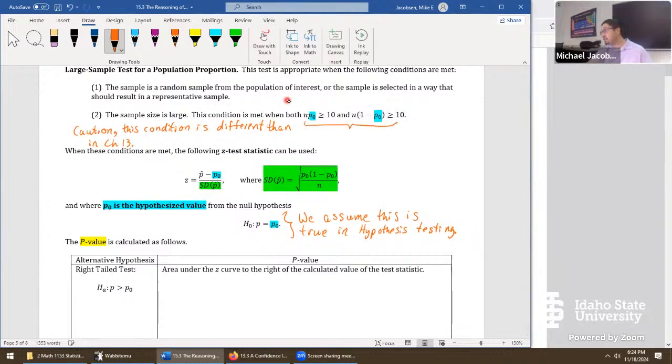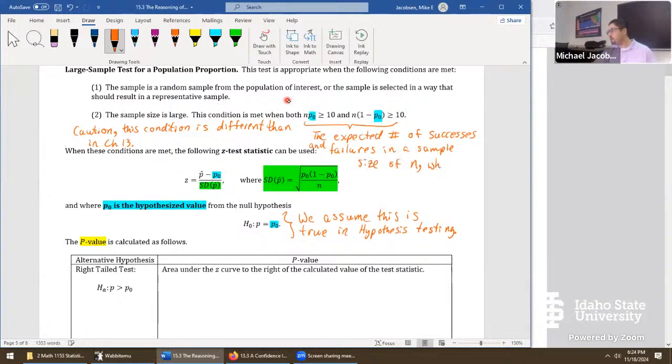And these are the expected number of successes and failures in a sample size of n when H naught is true.